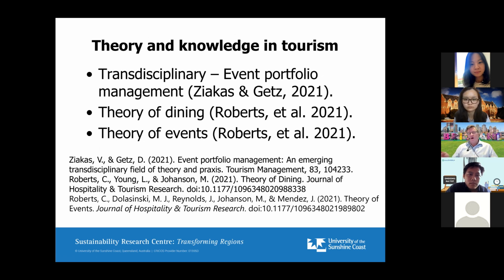Or Don Getz and Professor Ziakas have talked about event portfolio management, and how it's a transdisciplinary field of theory. So there are lots of interesting ideas going on when we're discussing theory, but it's a bit unclear, perhaps sometimes, what we mean, or if we're all talking about the same thing.